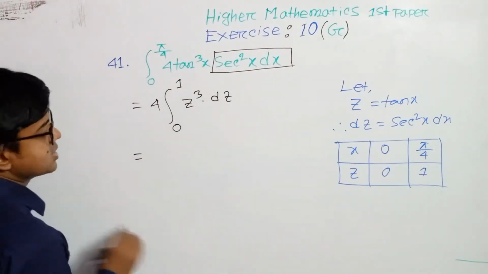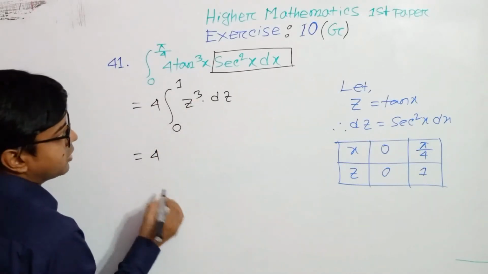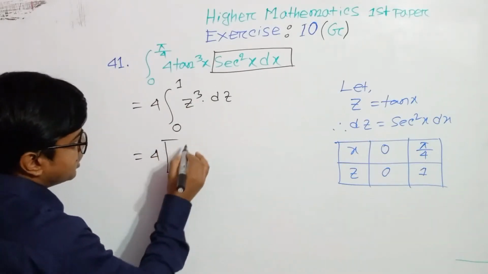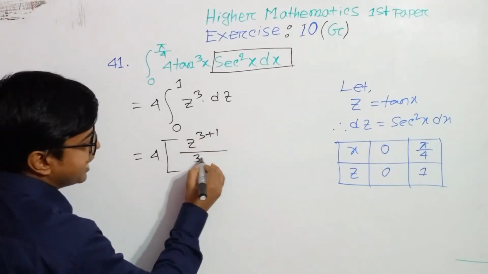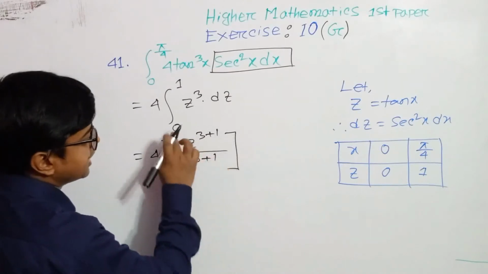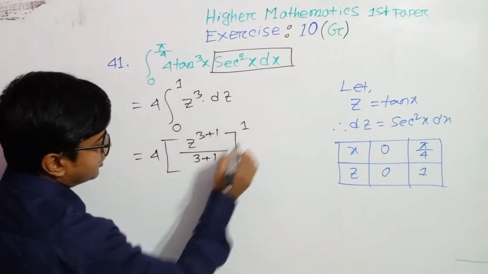And now integration. Here z to the power 3, so it will be z to the power 3 plus 1 over 3 plus 1, and here lower limit is 0 and upper limit is 1.